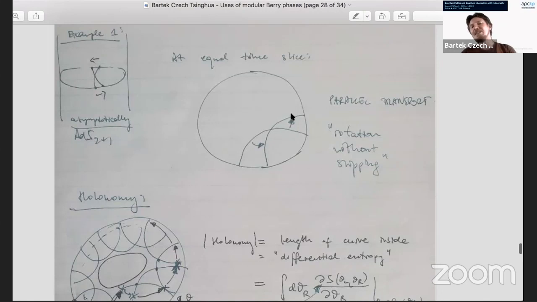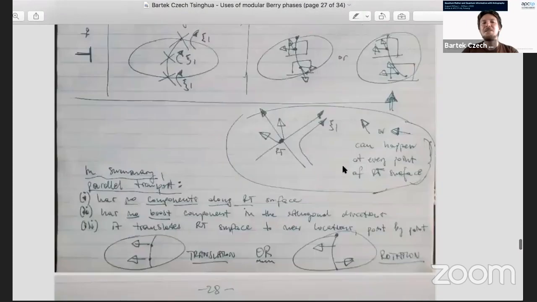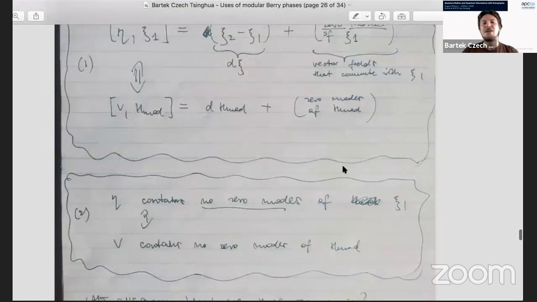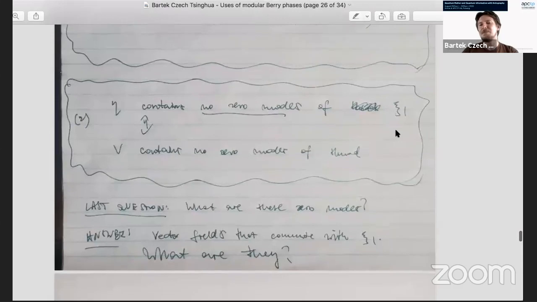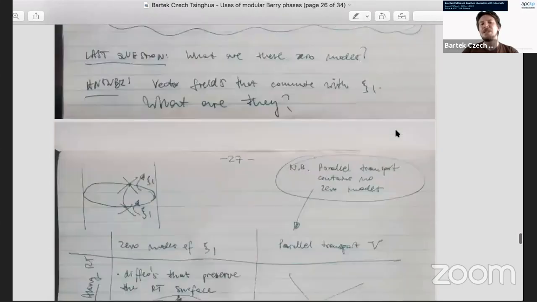That new extra translation that I could have added would be what I call slipping. And so we're doing a unique type of rotation without slipping. Eliminating the slipping is exactly what we did in our condition 2. The slipping would have been a 0 mode with respect to our modular Hamiltonian, and eliminating the slipping is what condition 2 really does for us.